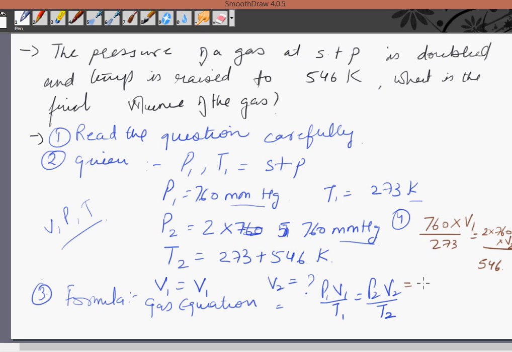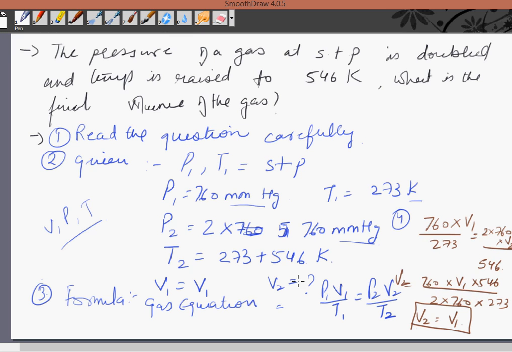So by simple calculation you can find V2 this much. So what do you find? V2 is equal to V1.